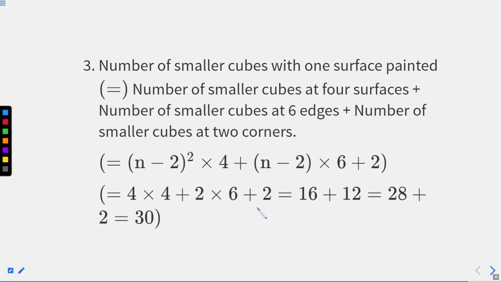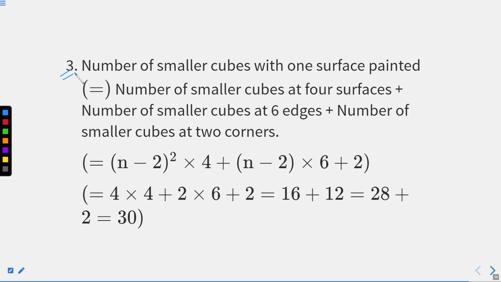Okay, now the third part of this question. In the third part, we are supposed to find the smaller cubes with 1 surface painted. You can read it here as well. Only 1 surface, right? It is equal to the number of smaller cubes at the 4 surfaces which are painted. It means we'll directly get 4 multiplied by 4, that is 16. 16 we get, okay, plus now the number of smaller cubes at the 6 edges.